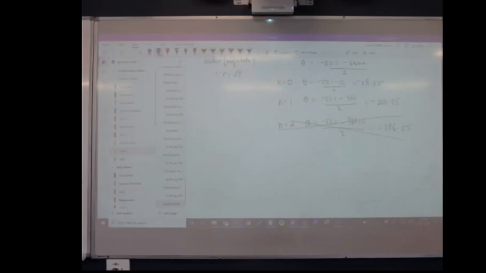So therefore, r cis theta. Right? So, my z value. So therefore z is going to equal root 5 cis negative 26.55 or root 5, oh, I might write the whole thing.